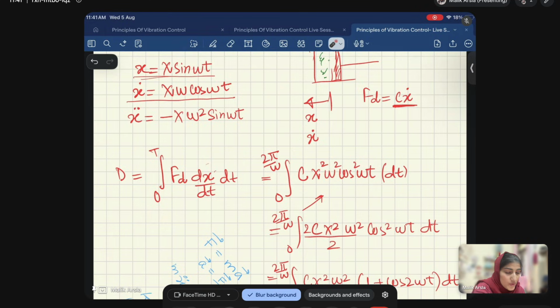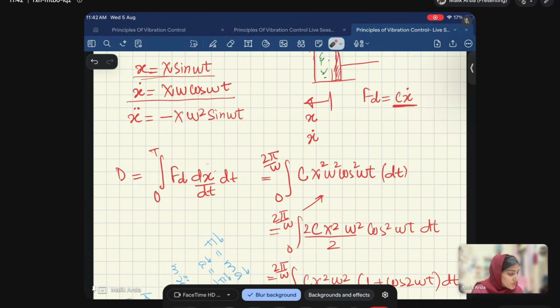Here we are also multiplying and dividing by dt, or in other terms, we know that power is f dot v, and power into dt will give us the energy dissipation. Okay, so this is just a class 12 level formula.